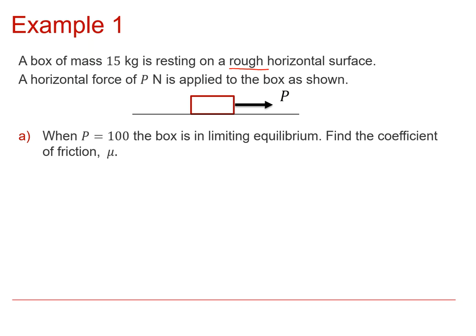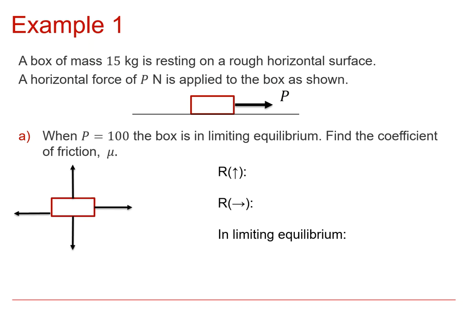And we have a force P being applied to the box to the right. So that means that there will be friction acting to the left. And it says that when P equals 100 newtons, the box will be in limiting equilibrium. Okay, and that should be enough information for us to work out the coefficient of friction, mu.